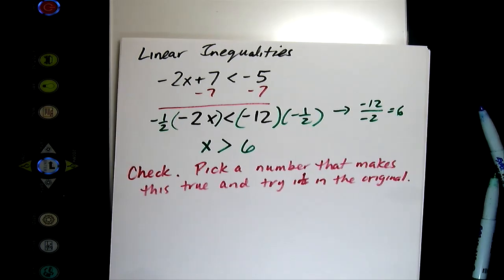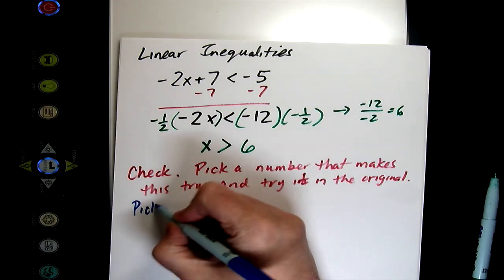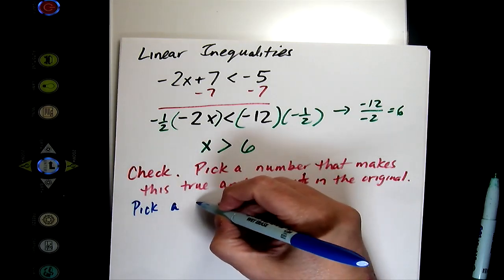I strongly recommend you don't pick the next number. 7 is bigger than 6, but then you actually have to do the calculations to see if it works. Don't pick a number that's close. Pick a number that's vastly different. Pick a very different number.